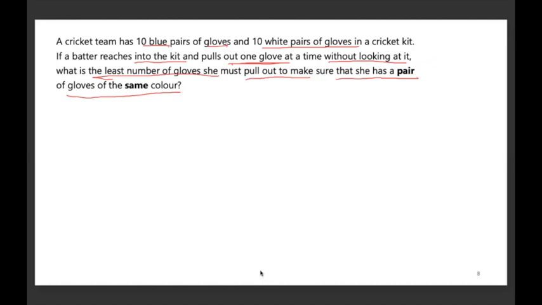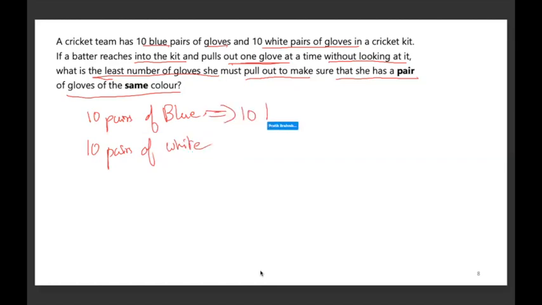Here, we don't have to do any calculation, it's just a matter of applying some logic. When I say it's just a matter of applying the logic, I mean, look, you have 10 pairs of blue, you have 10 pairs of white, which means there will be 10 left hand blue gloves plus 10 right hand blue gloves.